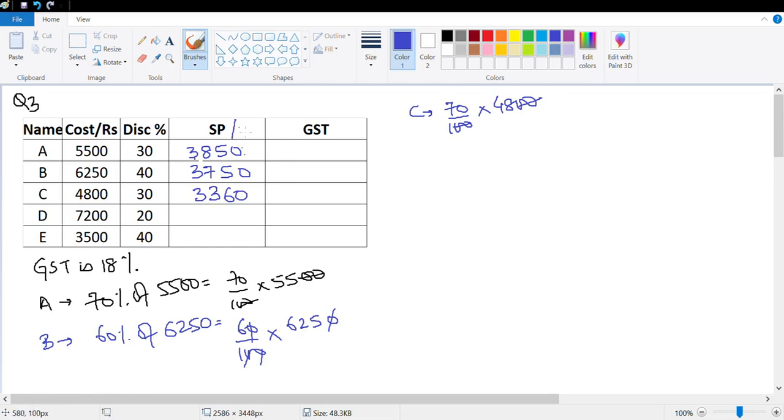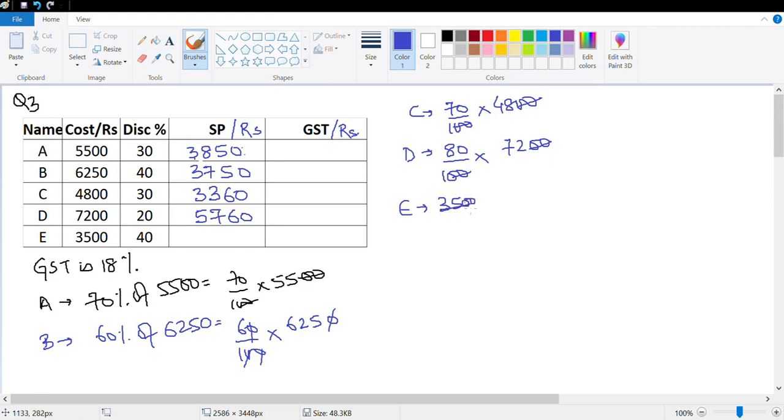This SP obviously is in rupees, and we will be calculating GST in rupees. Next, D. D is 20% gone, which means he's charging 80% of 7200. 7 8s are 56 with 16, so 576. So this is 5760.